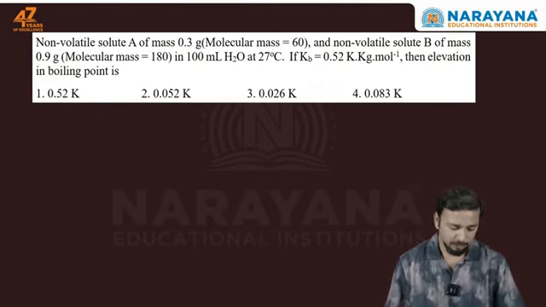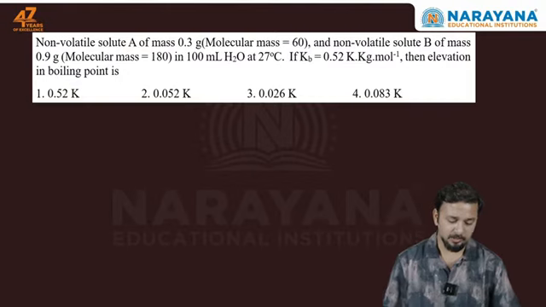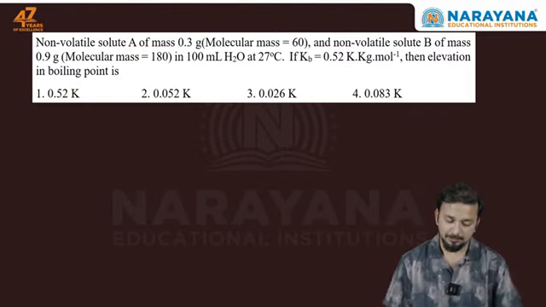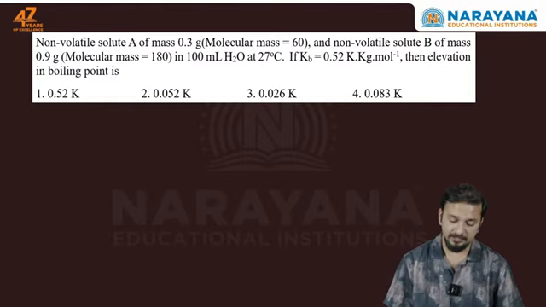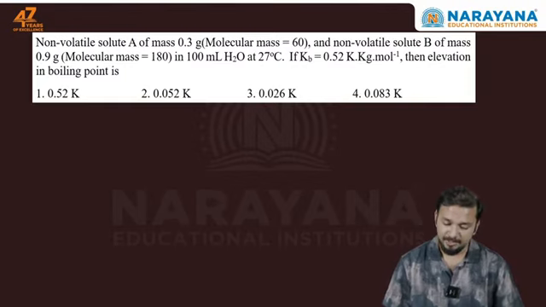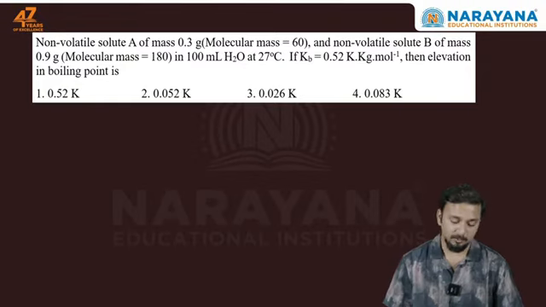The first question is: non-volatile solute A of mass 0.3 gram, molecular mass 60, and non-volatile solute B of mass 0.9 gram, molecular mass 180, in 100 ml water at 27 degrees centigrade. If Kb is 0.52 Kelvin kg per mole, then the elevation in boiling point is.